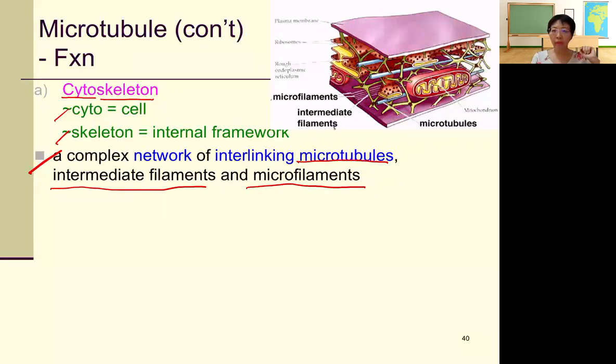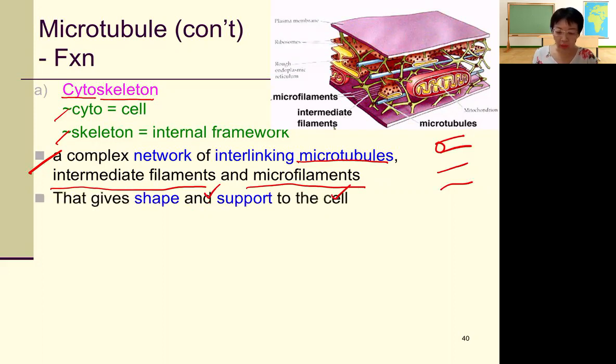Can you see in the diagram on the top right hand corner, the tubes inside the cell? There are 3 different colors and sizes. The biggest one is microtubule because it's tube-like. The other 2 are filaments. Filaments are thread-like, so they are smaller. They're all interconnected to form a network of the cytoskeleton.